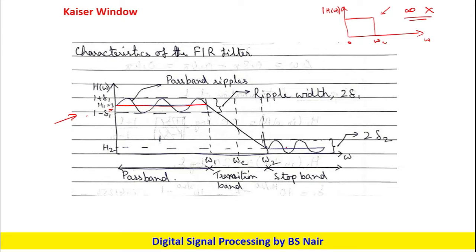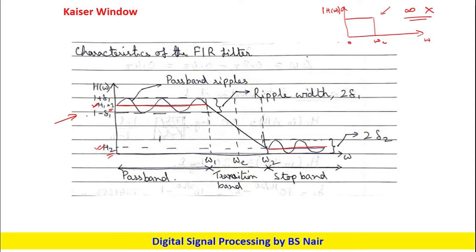In the stop band, ideally it should be 0, but usually it is not 0. We have a baseline which we call H2. H1 for the passband, H2 for the stop band. H1 is the magnitude of the response of the filter in the passband, and H2 is the magnitude response of the filter in the stop band.